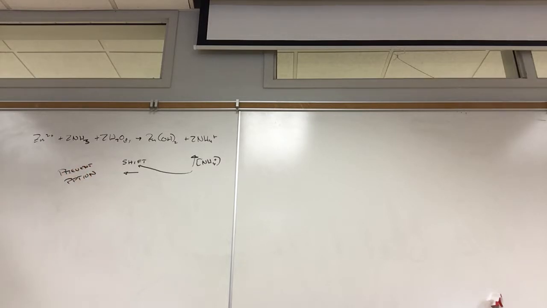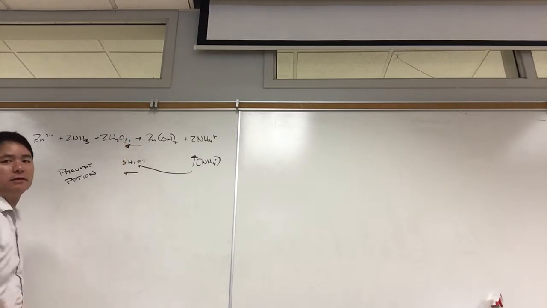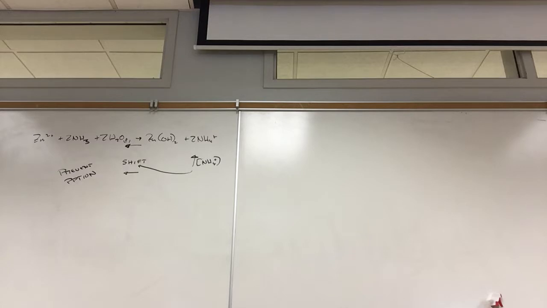It's just a Le Chatelier's type deal. Just a tiny bit of ammonium is enough to prevent it, because we need lots of ammonia to get zinc to precipitate out. So Le Chatelier's shifts to the left. Otherwise, if we let the ammonia concentration get too high, then we would have gotten white zinc hydroxide precipitate.